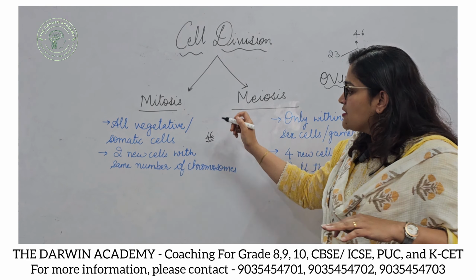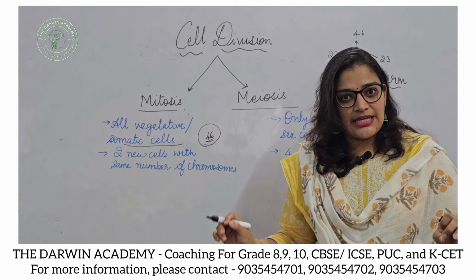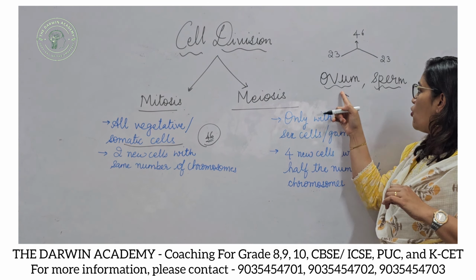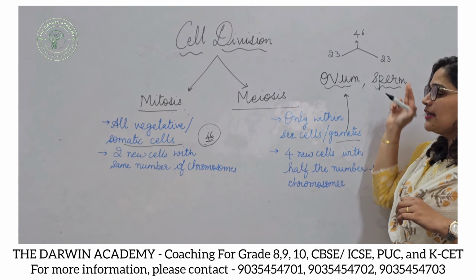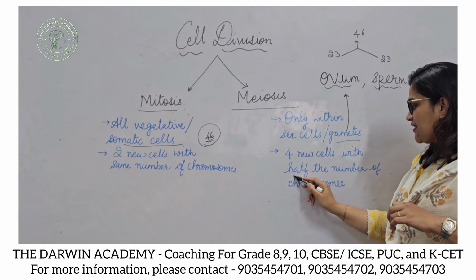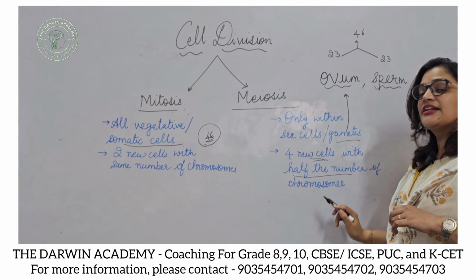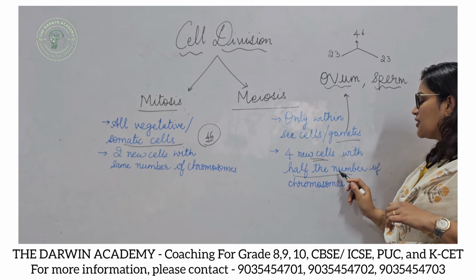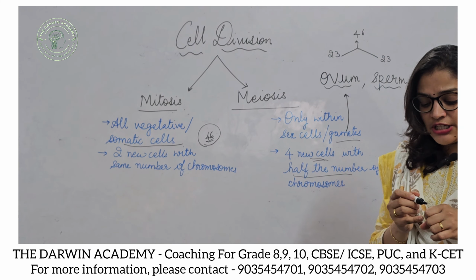So, since all our somatic cells should have only 46 chromosomes, the ovum and the sperm, which are the gametes, will have half their number. That is why as a result of meiosis, the new daughter cells that are formed should have half the chromosome number of its mother cell. I hope you have understood the concept.